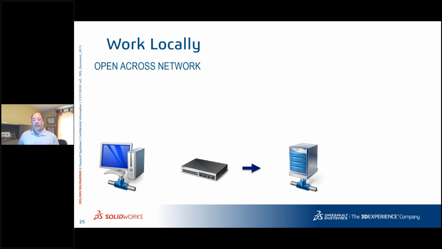From the network, it needs to access the server and tell the server to, hey, go and find and spin the drive to find the file that's on the drive somewhere. So as you can see, there's a lot of things that need to happen and a lot of things that are not dependent on SOLIDWORKS. SOLIDWORKS doesn't control the speed of your network, doesn't control the load on your server, doesn't control the speed of the server drives. But if everything's local, you got much better handle on these things.